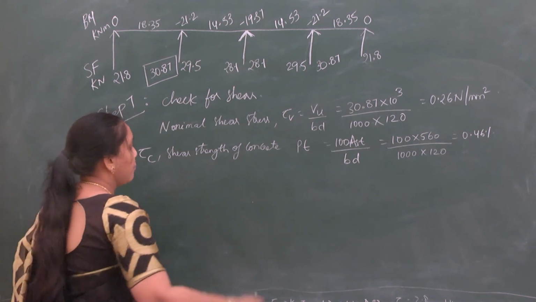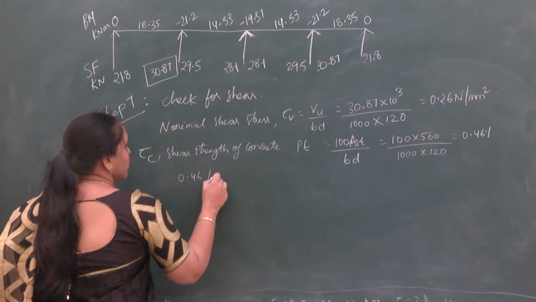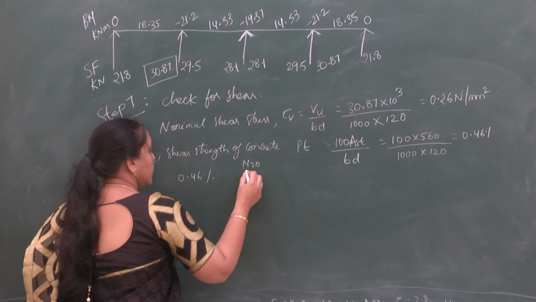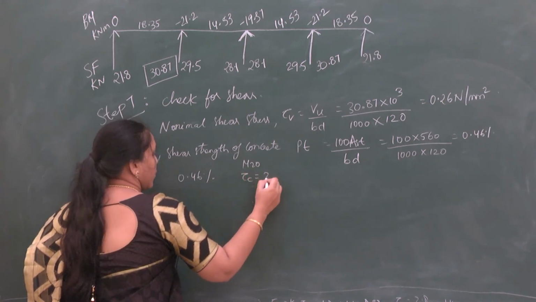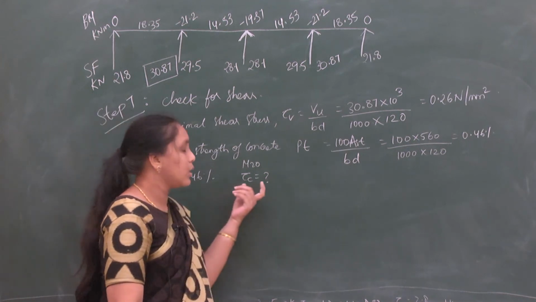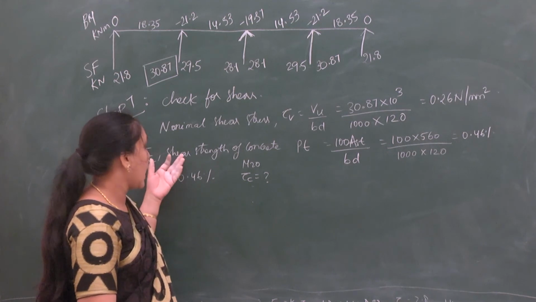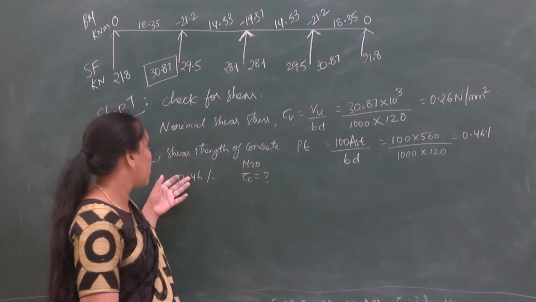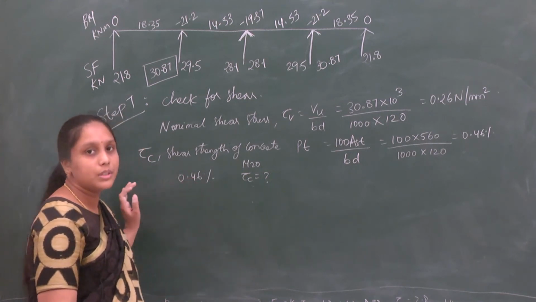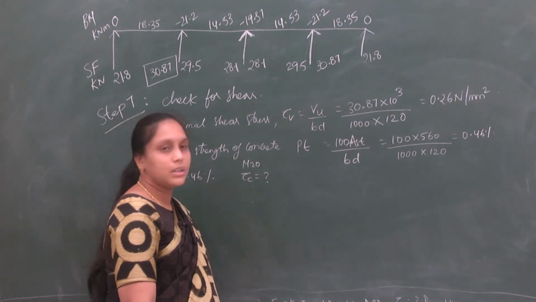For this percentage of steel and the grade of concrete, you are going to have the tau C value. So for 0.46% and M20 grade of concrete, we have to find out the tau C value. If the same percentage of steel is not available, then to know the tau C value, we have to take the percentage of steel values above and below 0.46, and from that, by interpolating, we calculate the tau C value.